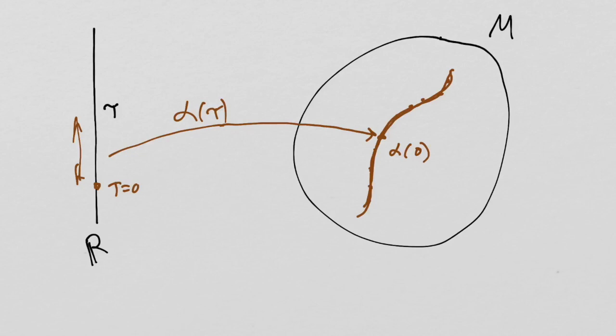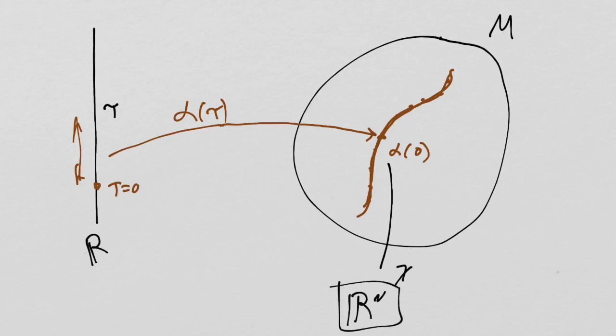And so notice that this alpha of tau is a curve in the manifold. And because it's a manifold, that curve can be described in terms of its coordinate points. I can now map from that curve using the coordinate functions x onto Rn.